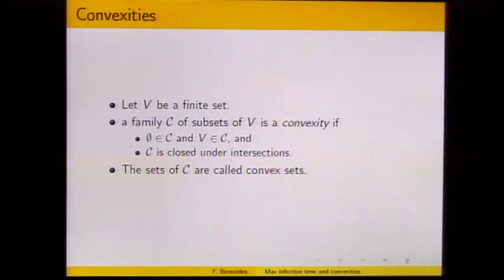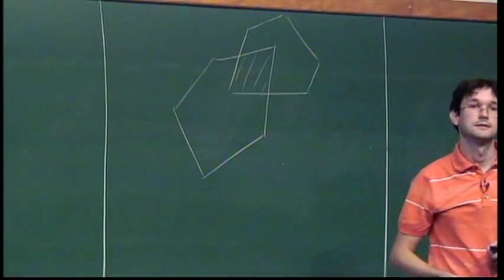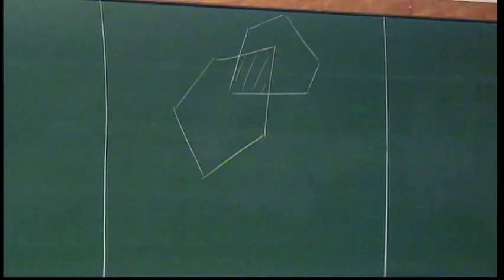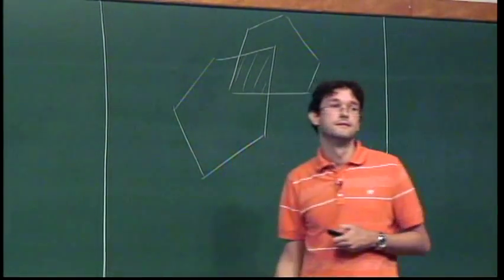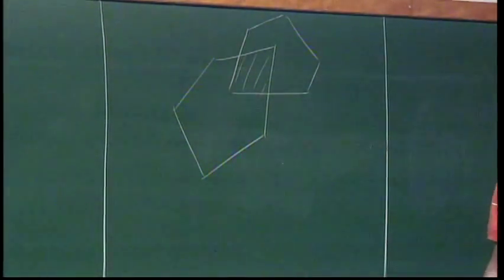Maybe you want to call this a different name, but the reason why some people call this a convexity is just because in the Euclidean space, if you have two convex sets and you look at the intersection, this will also be a convex set. But this is just the general definition. That's not how we usually work with these convexities.